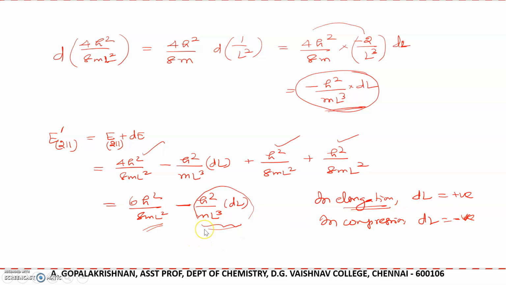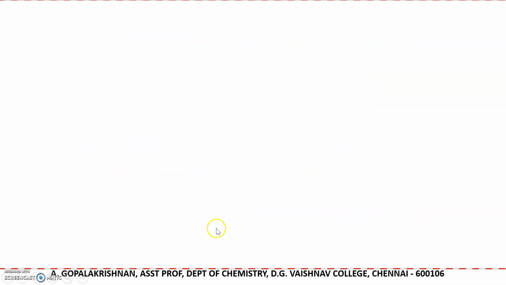What about the other two states? Now let me take the next state, that is the psi 1-2-1 state. What is the energy of this state? The energy of the state is given as nx quantum number is 1 here, ny is 2, nz is 1.